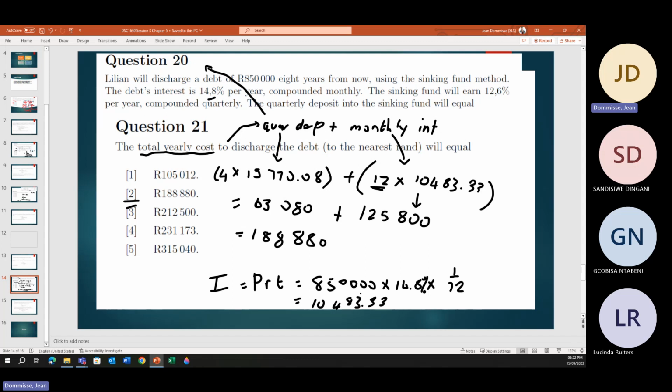And again, with the way that we need to work out monthly interest, you could decide at this stage what to do with that 1/12, because if you didn't divide it by 12, you would have gotten the 125,800.